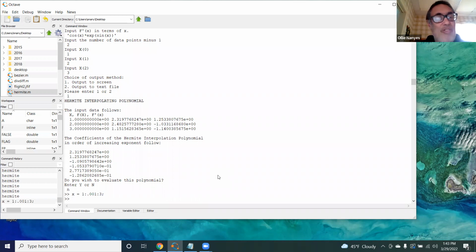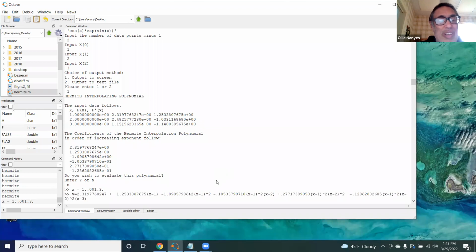Now, as far as the y, if I post this as is, there are going to be error messages. So I have to make this in Octave style. I have to make this a multiplication, and this a multiplication.